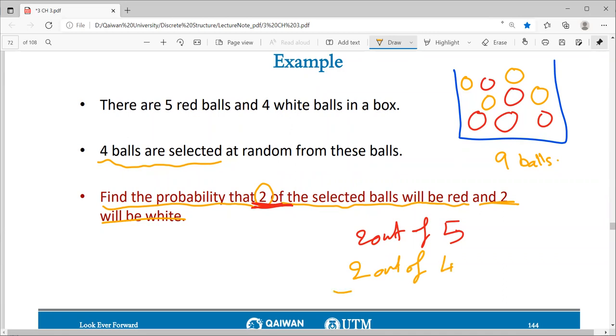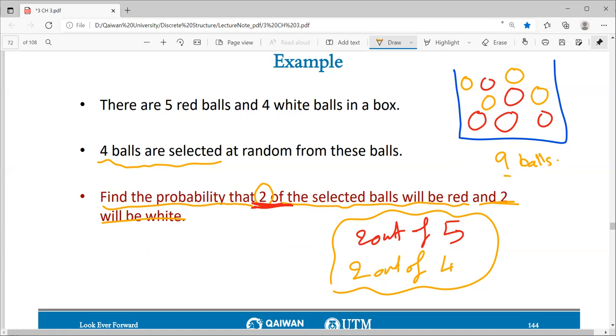It says find the probability of taking 2 red balls and 2 white balls. Here we take 2 from 5 and 2 from 4, and the total chosen balls is 4.